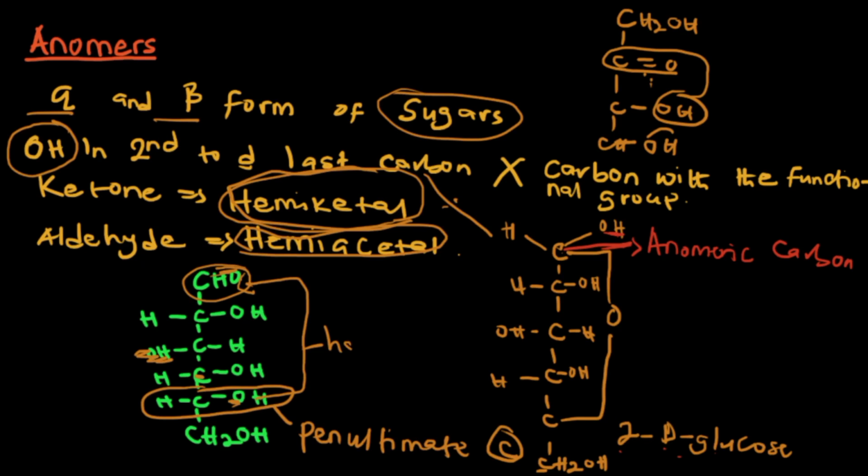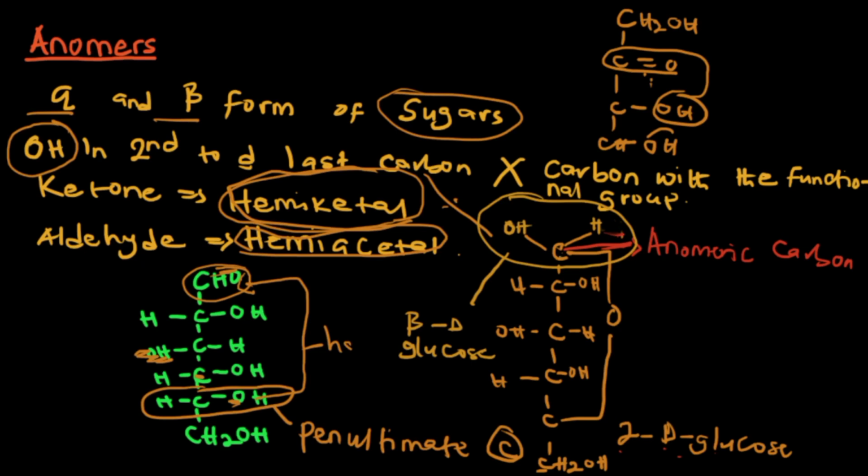But when the OH group is attached to the left, and automatically the hydrogen is to the right, then it is called beta D glucose. You see, it's the same glucose, and the only difference is the position of the OH group on this anomeric carbon. In this regard, they are not called epimers, but rather anomers.